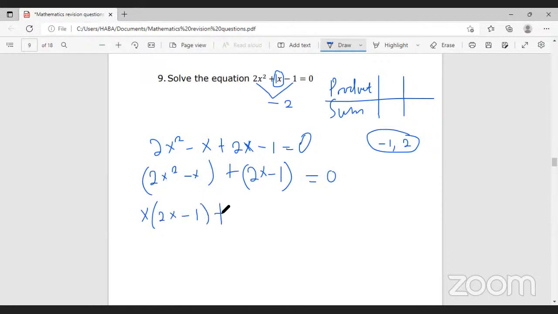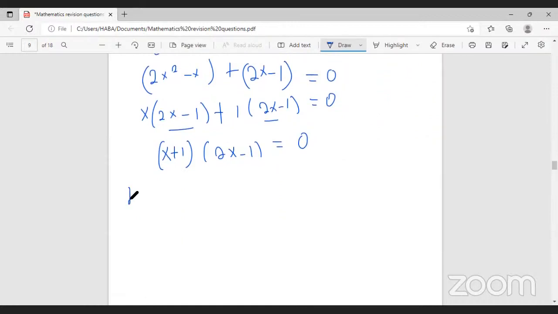Common factor in the second bracket? It's 1. 2x minus 1 is equal to 0. So now this is also common, so we shall write it once. Then we write x plus 1 into 2x minus 1 and equate this to 0.